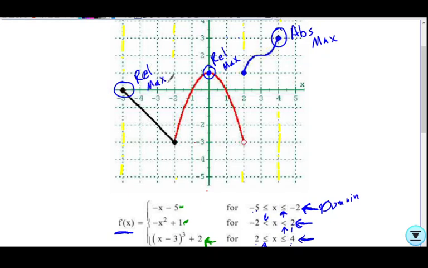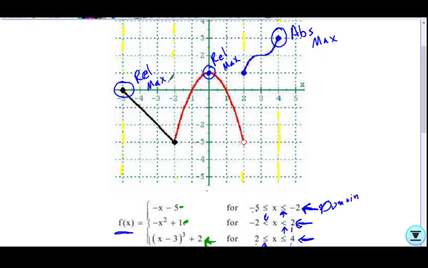Okay? Now, here's the confusing part. An absolute maximum can't be an absolute maximum unless it's first a relative maximum. For instance, you can't be state champions if you're not first district champions.